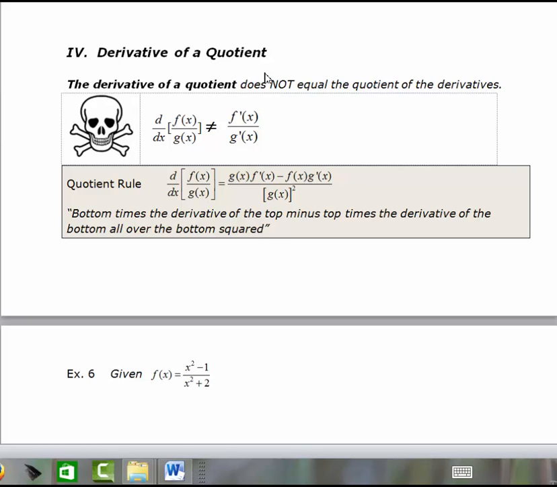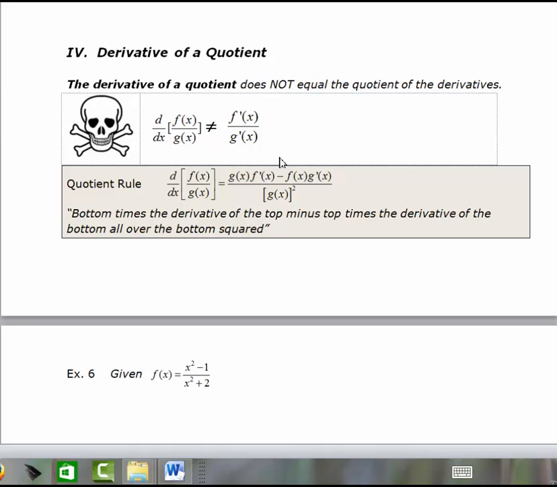The formula, if you've got the derivative of a quotient f of x over g of x, is equal to g of x times f prime of x minus f of x times g prime of x, all over g of x squared. With the product rule, since it was a sum, it didn't matter what order you wrote it in, but with the quotient rule, it's extremely important because we're subtracting, and subtraction is not commutative.